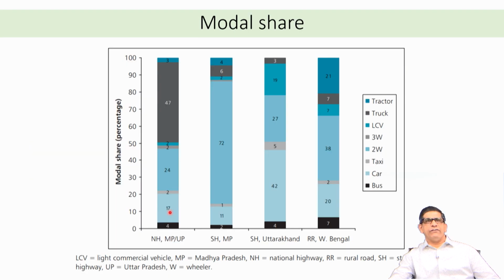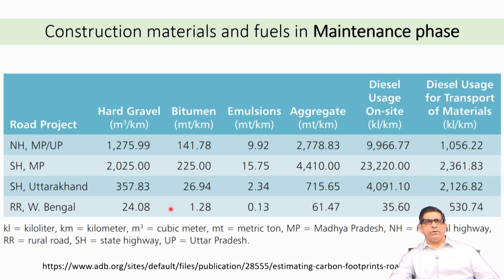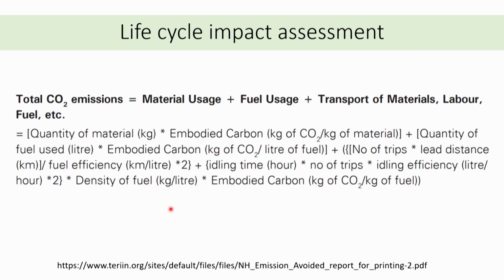Then the modal share: what is the share among the different types of vehicles being used on the road, such as trucks, tractors and LCVs. Then construction material and fuels in the maintenance phase, how much is being used. All that data is available.